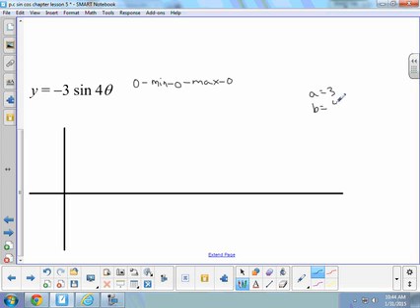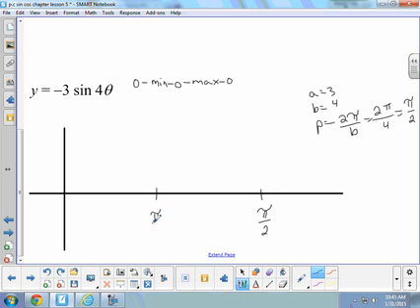B is 4, so our period is 2 pi over b, which will be 2 pi over 4, which is pi over 2. So one cycle will be right there at pi over 2. If I had wanted to graph this between 0 and 2 pi, that would just tell me I'm going to have 4 cycles.